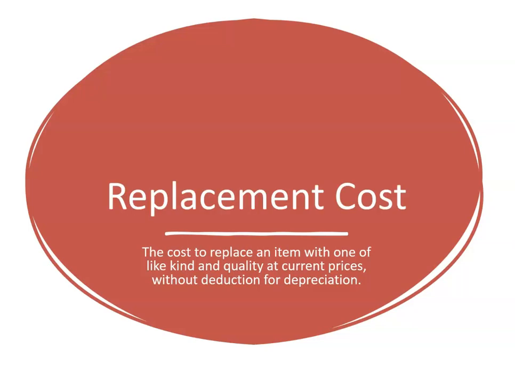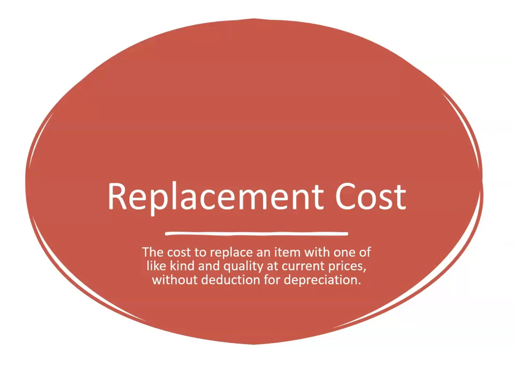Replacement cost. Replacement cost is the cost to replace an item with one of like kind and quality at current prices without deduction for depreciation. Replacement cost means the insurer gives you enough to buy something new, same type, same quality, no matter how old the damaged item was.